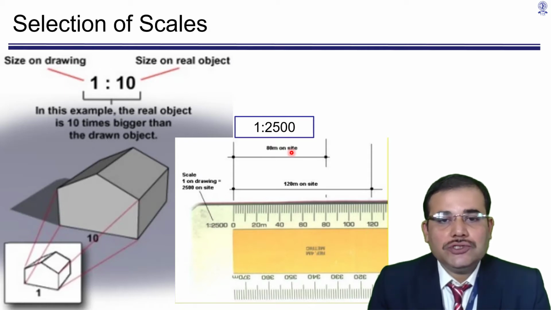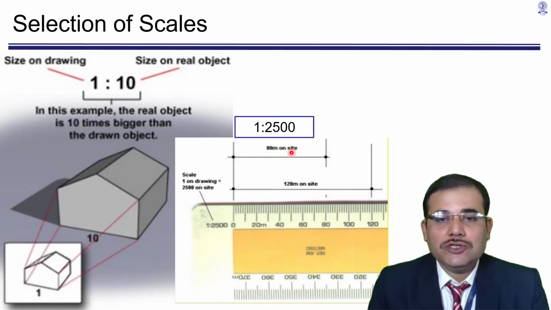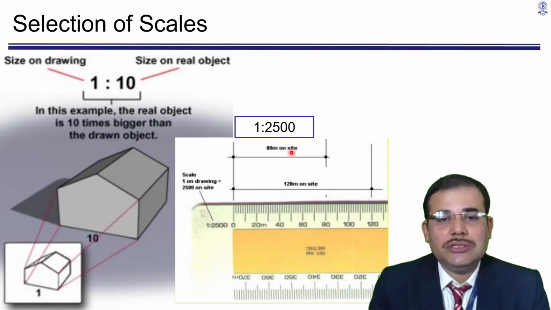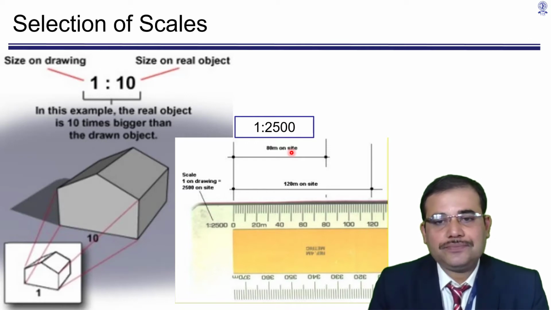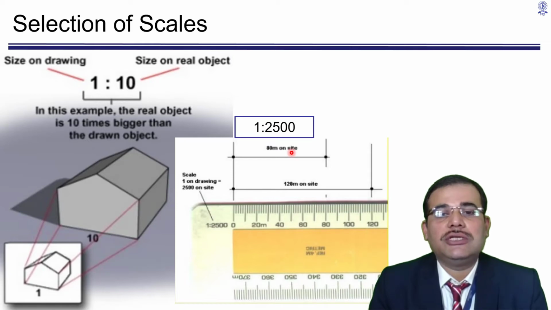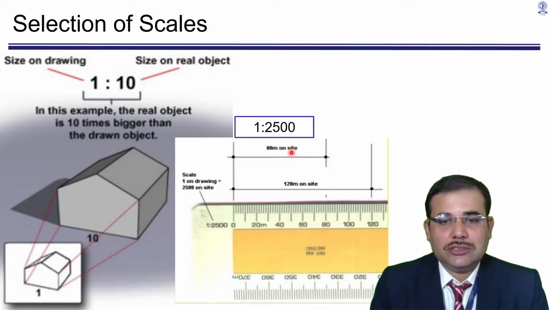Now 2500 meters on ground will be equal to 1 meter on paper, or 2500 centimeter at real scale will be equivalent to 1 centimeter on paper. Now one thing you must be careful about, the units from either side must be the same. In most of the cases, you might have seen on the map of India, there 1 centimeter is equal to certain kilometers.